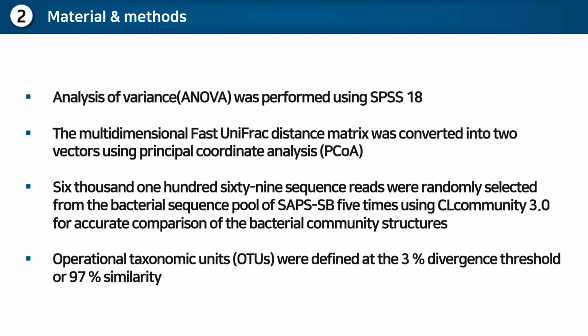The multidimensional fast UniFrac distance matrix was converted into two vectors using principal coordinate analysis. 6,169 sequence reads were randomly selected from the bacterial sequence pool of SAPS SB 5 times using Seal Community 3.0 for accurate comparison of the bacterial community structures. Operational taxonomic units, OTUs, were defined at the 3% divergence threshold or 97% similarity.